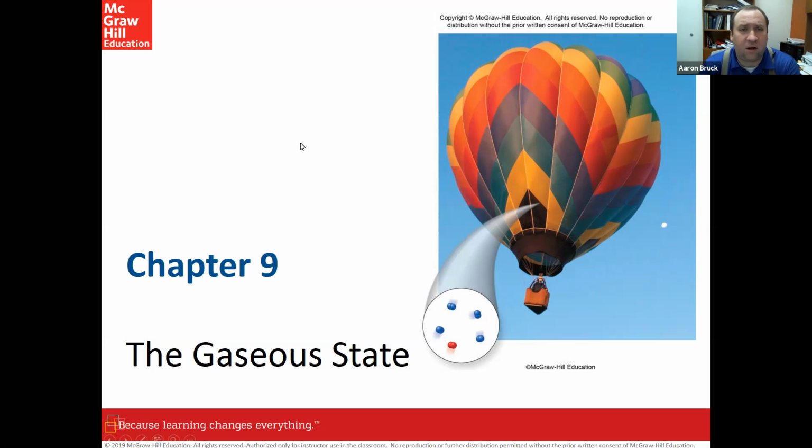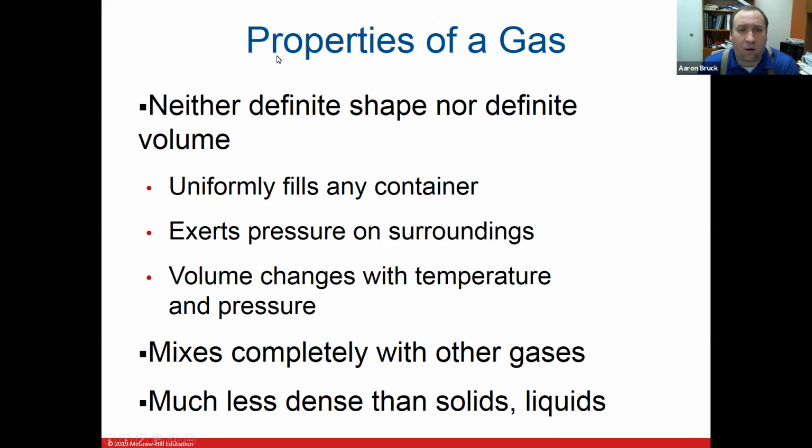So we start off today from the qualitative standpoint and defining our properties of gases. And these properties should be relatively familiar to us already. After all, we've talked extensively about what gases are and what the differences between the phases of matter are.